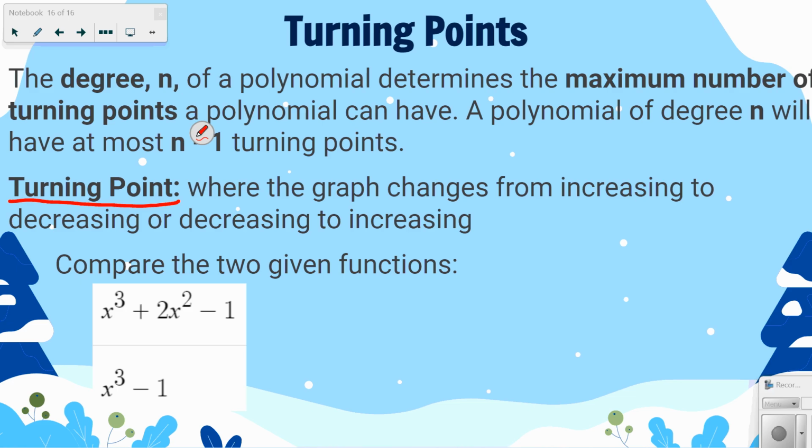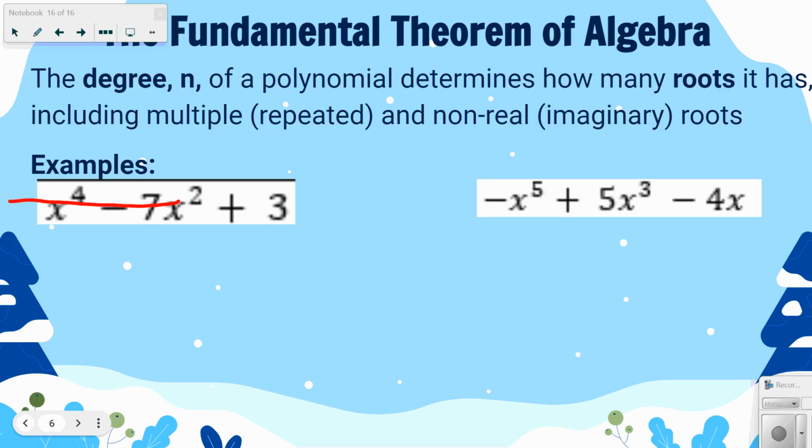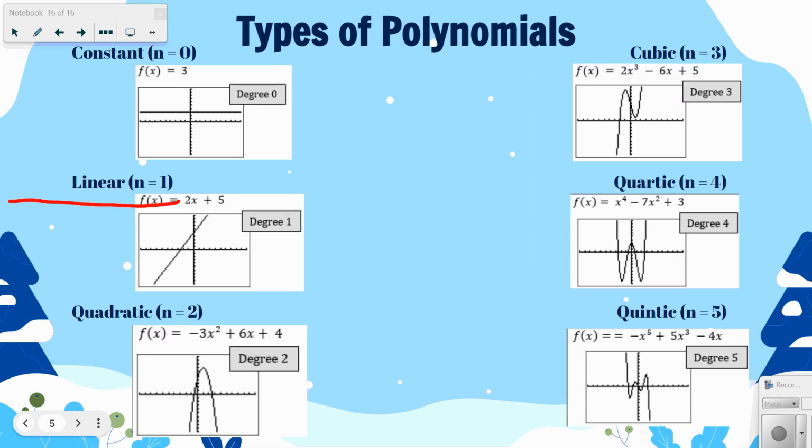So another important idea is noticing the connection between degree and turning points. So I want to look back at the beginning slide. What did you guys notice between turning points and degree here? Anybody see a connection? The amount of turning points is equal to degree minus 1. Great job, Liam.